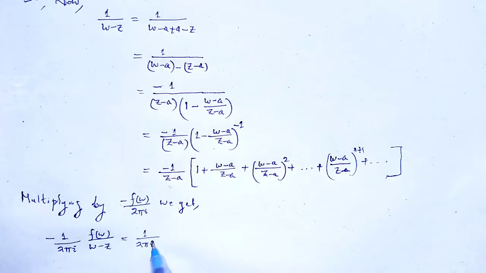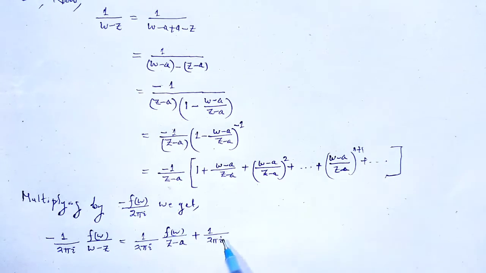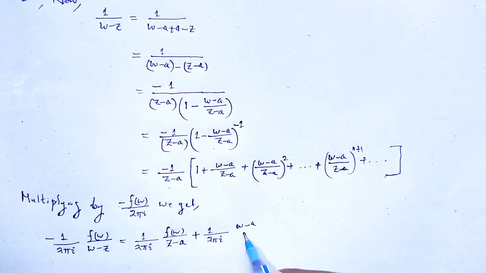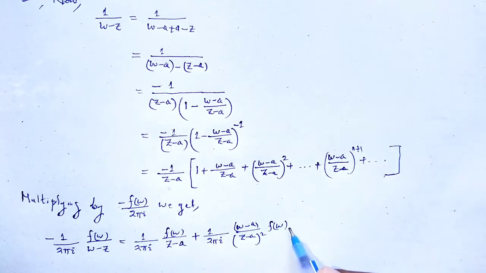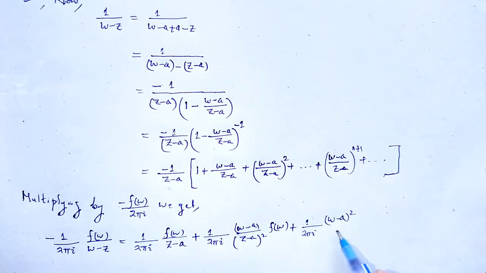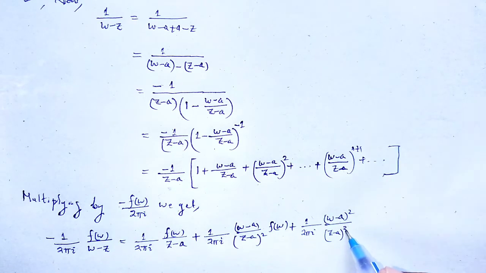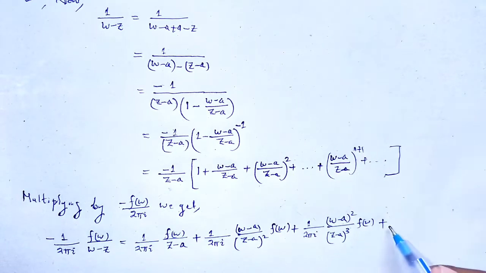1 divided by 2 pi i, f of w divided by z minus a, plus 1 divided by 2 pi i, (w minus a) divided by (z minus a) squared, f of w, plus 1 divided by 2 pi i, (w minus a) squared divided by (z minus a) cubed, f of w, plus dot dot dot.